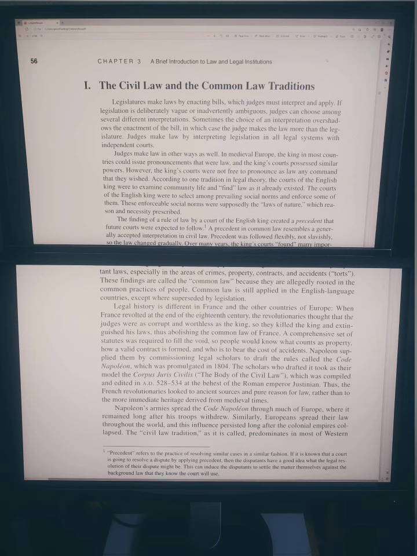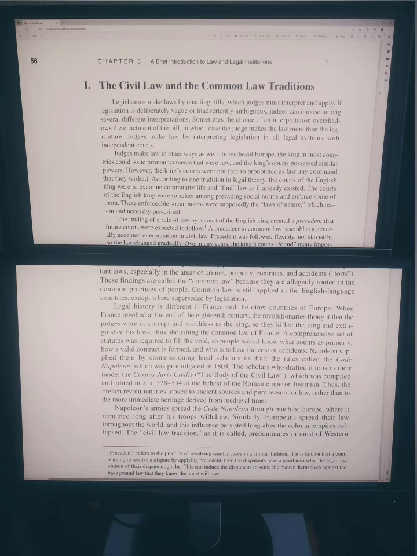Over many years, the king's courts found many important laws, especially in the areas of crimes, property, contracts, and accidents, torts. These findings are called the common law because they are allegedly rooted in the common practices of people. Common law is still applied in the English language countries, except where superseded by legislation.